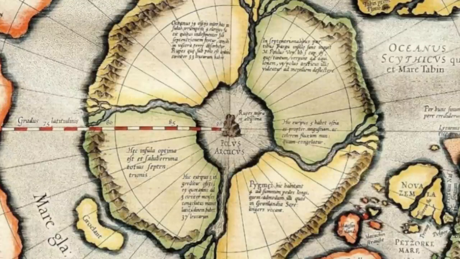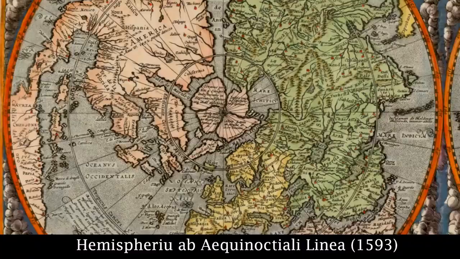Historians date the book to being created in the late 14th century and tell us that no pages or extracts of the lost book have ever been discovered. There are a vast amount of maps from this era, from all different cultures, that depict the North Pole in a similar way.